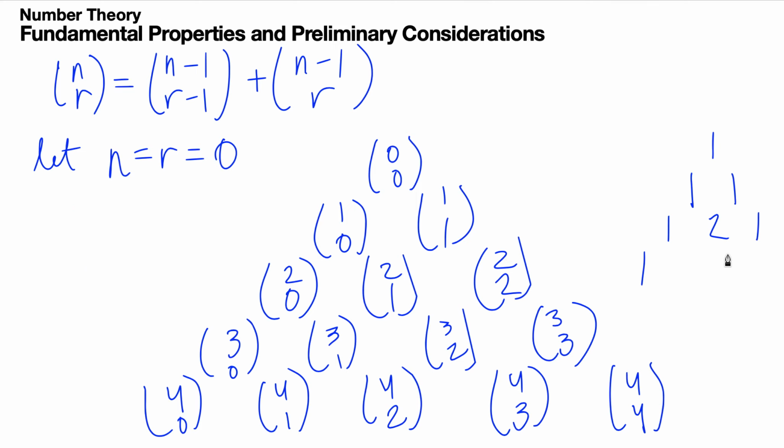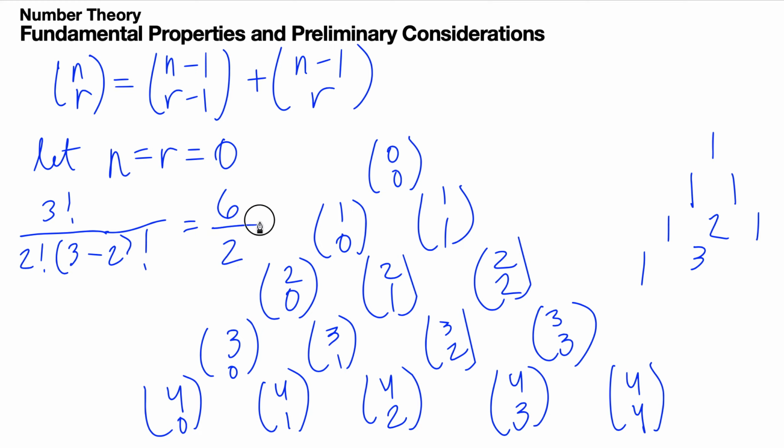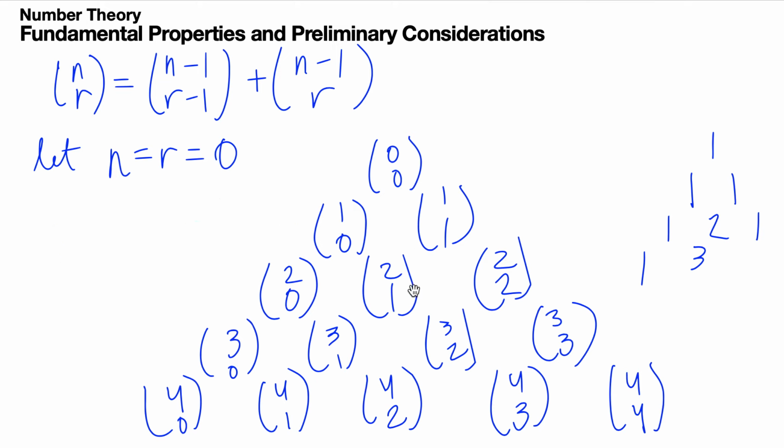Similarly, for this part we have 3 factorial all over 2 factorial times (3 minus 2) factorial. 3 factorial is 6, and this is 2 factorial times 1, so that's just 2. So this is going to give us 3, and this is going to give us 1.